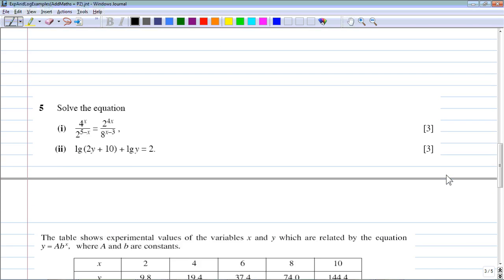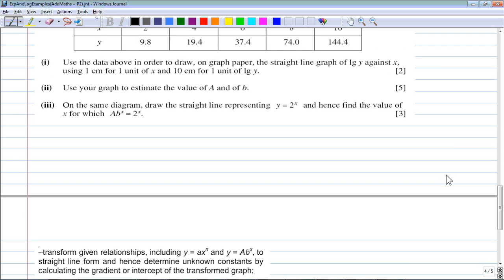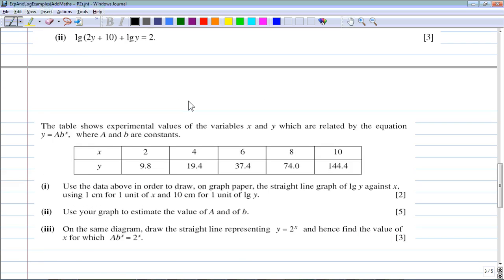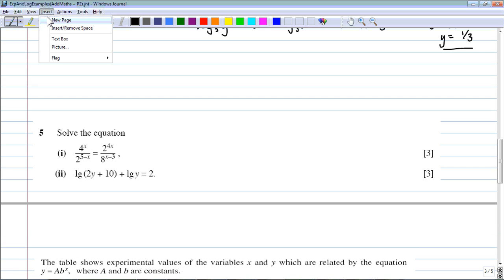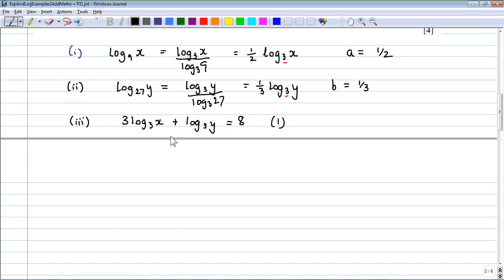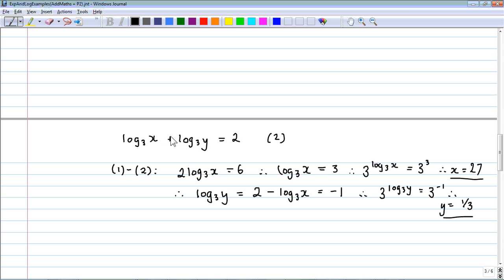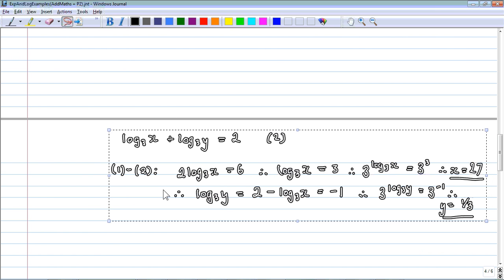Okay, let's look at another example. These ones are fairly straightforward examples. I'll need to maybe insert another page if I can do that. Insert page, yeah, maybe there. Okay, I know what to do. Let me move all this stuff out of the way.